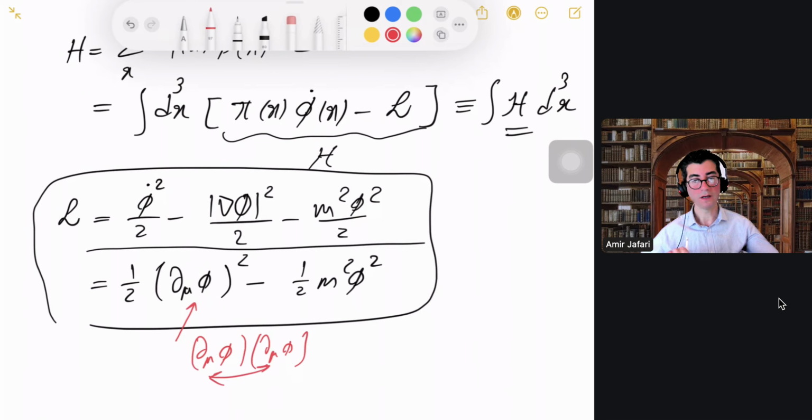If we write down the Euler-Lagrange equations now, here we got this equation, or in this form. We did this in the previous lecture, but you can repeat it and you get the Klein-Gordon equation.